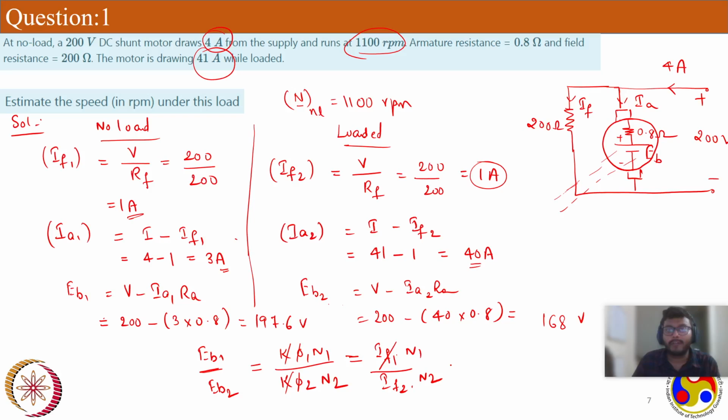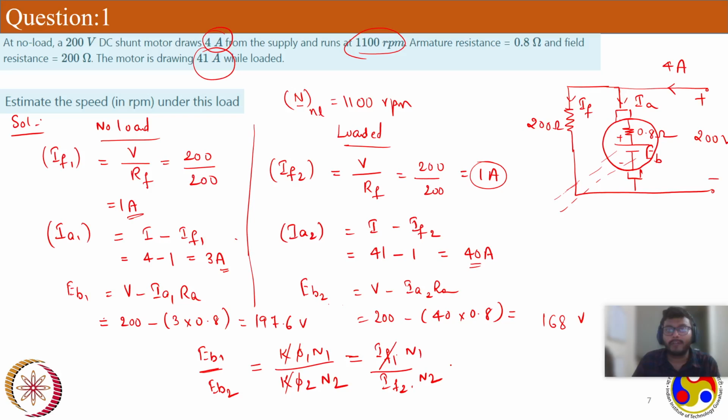There is no shaft power, because in order to get rotational losses, that is nothing but the no load power. Whatever losses I'm experiencing in the circuit, let's say I know the input power to the armature. Already I have excluded the field losses. Now, if you just subtract the armature copper losses from your input power to the armature, whatever power is left at this section will be your rotational losses only, because there is no shaft, there is no load connected, you don't need any power for the shaft.